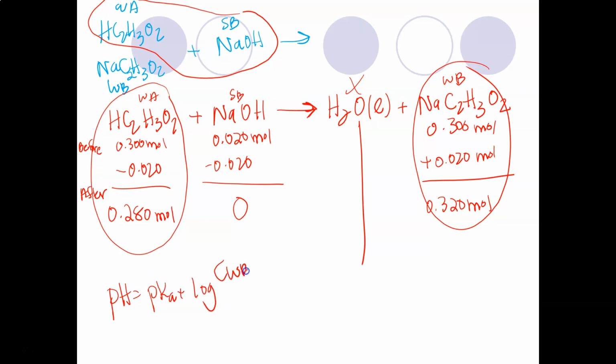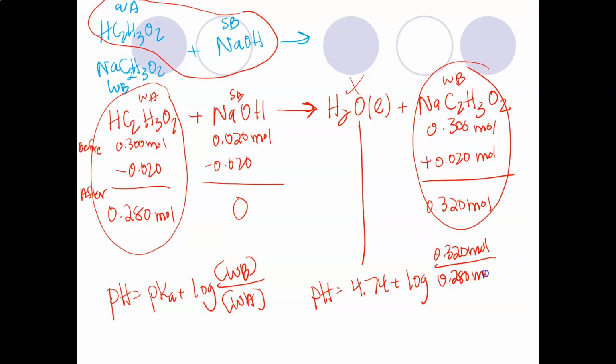So here's the Henderson-Hasselbalch equation. The pH is equal to the pKa, which was actually given in the question, 4.74, plus the log of weak base, 0.320 moles, divided by weak acid, 0.280 moles, where the unit moles will cancel out because it's a ratio.